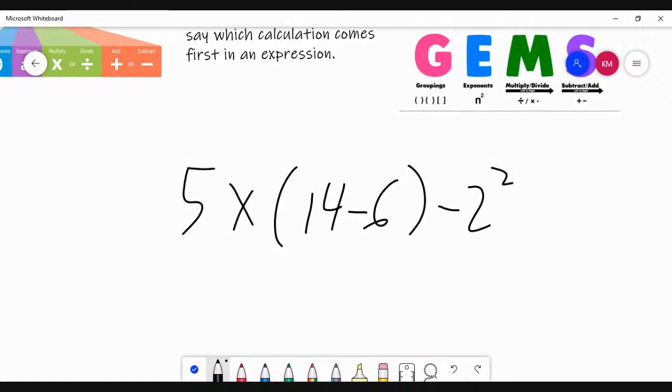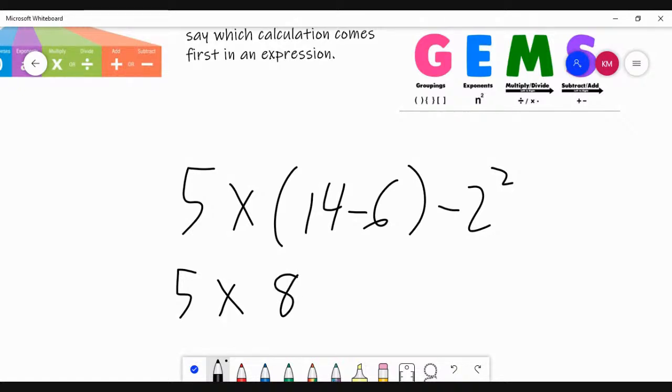So now, do we have any exponents? No, we don't. Do we have multiplication or division? No, we don't. Do we have adding and subtraction? Yes, we do. So now I bring down my 5 and my multiplication sign, and then I subtract 6 from 14. 14 minus 6 is 8.